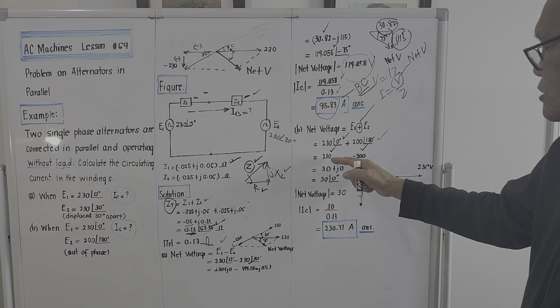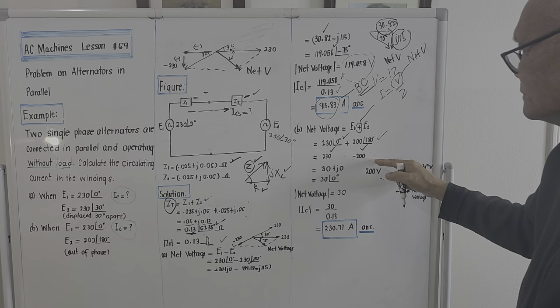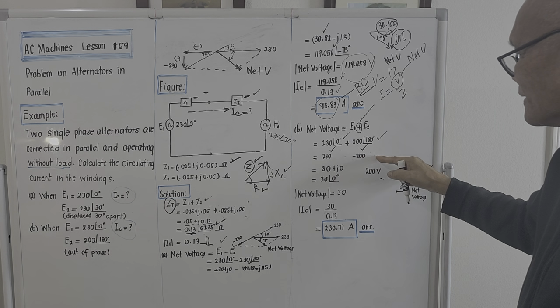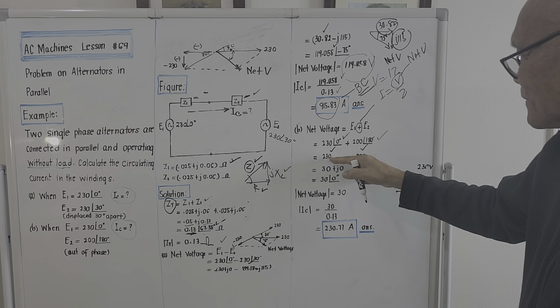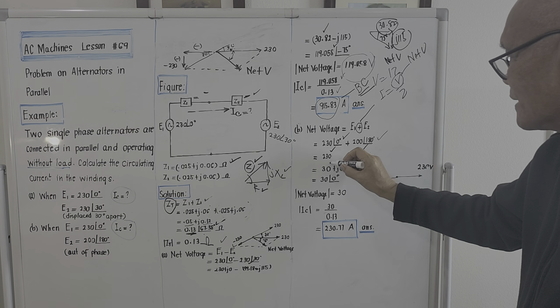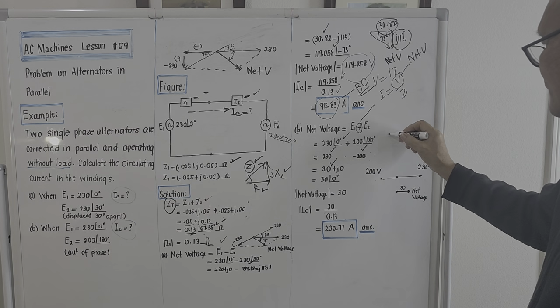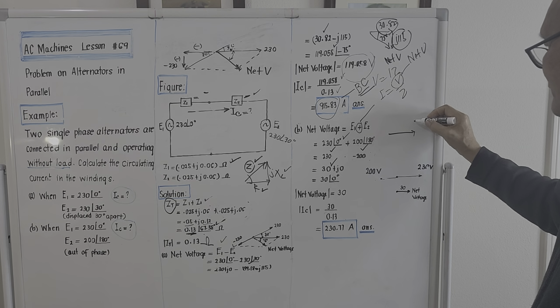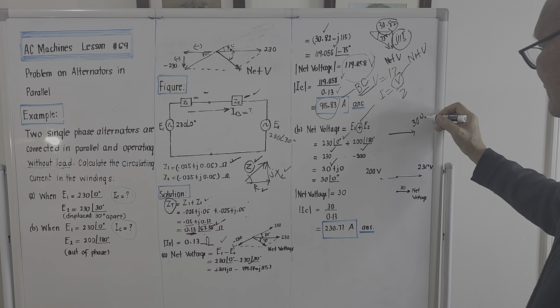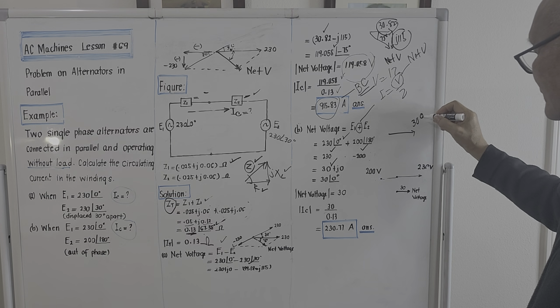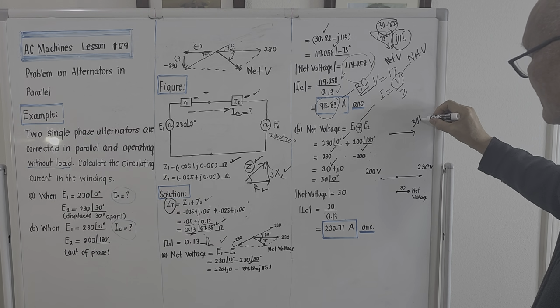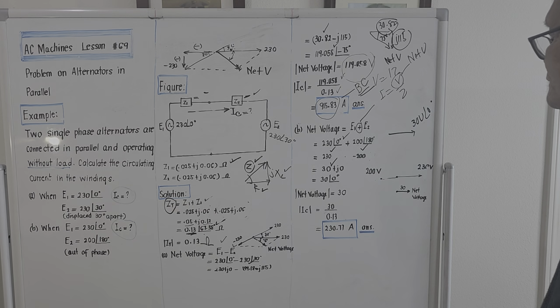It should be the difference between the bigger minus the smaller, right? 230 minus 200, real part, so it will be 30. So the net voltage for the second unknown will be 30 volts going to the right. This is 30 volts, and the angle is at 0 degrees.